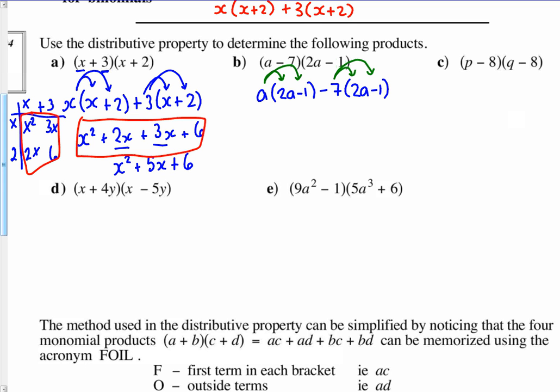A times 2a is 2a squared. Minus a times negative 1, minus 1a, or minus a. What's negative 7 times 2a? Negative 14a. Negative 7 times negative 1, plus 7. Then we collect our like terms. 2a squared. What's the middle term going to be? Minus 15a plus 7.